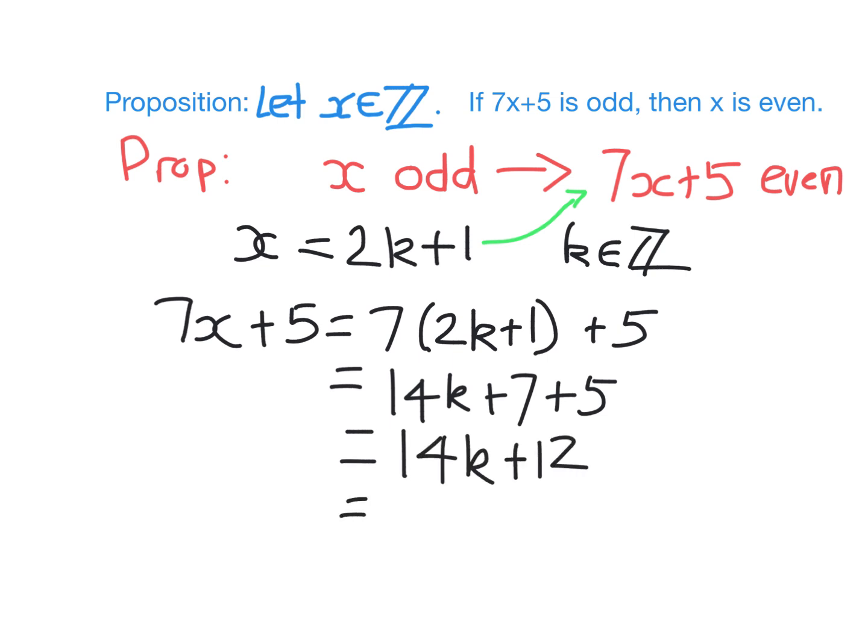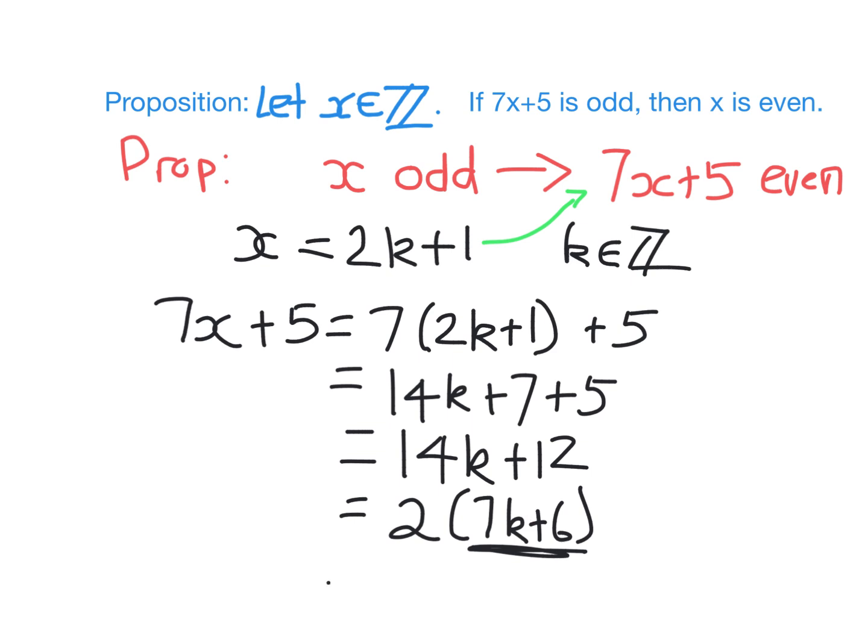So I can take out a common factor of 2. Now 7k plus 6 has to be an integer. If k is an integer, timesing it by 7 gives another integer, plusing 6 gives another integer still. This is 2 times an integer.